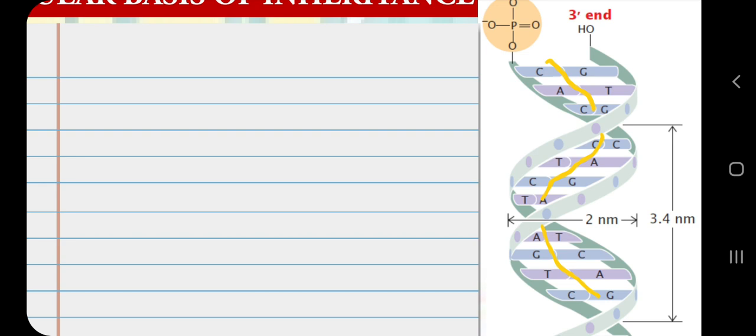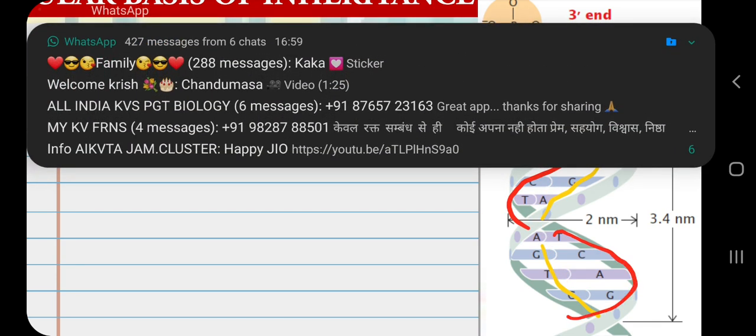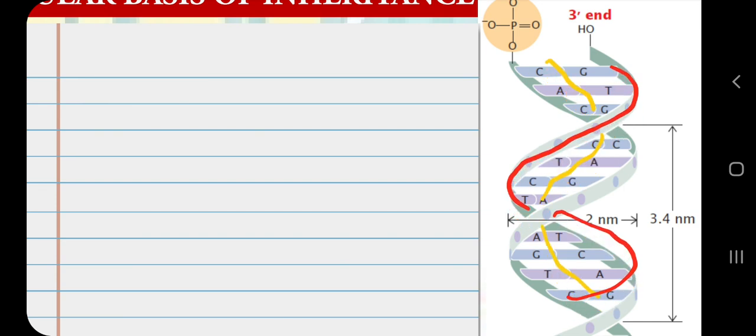That phosphodiester bond we can notice along this ribbon, which is composed of sugar phosphate, sugar phosphate, sugar phosphate. And this yellow line represents the holding of these two strands with hydrogen bonds. So there are so many types of bonds you are going to notice in DNA when we come to detail.